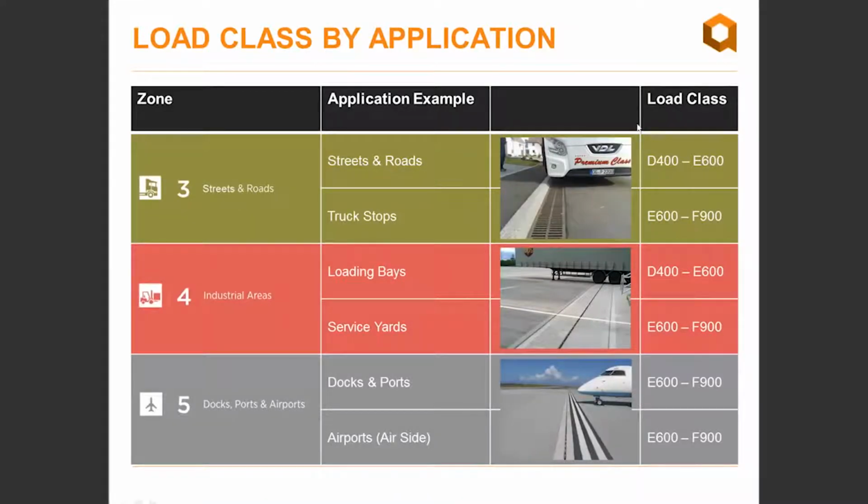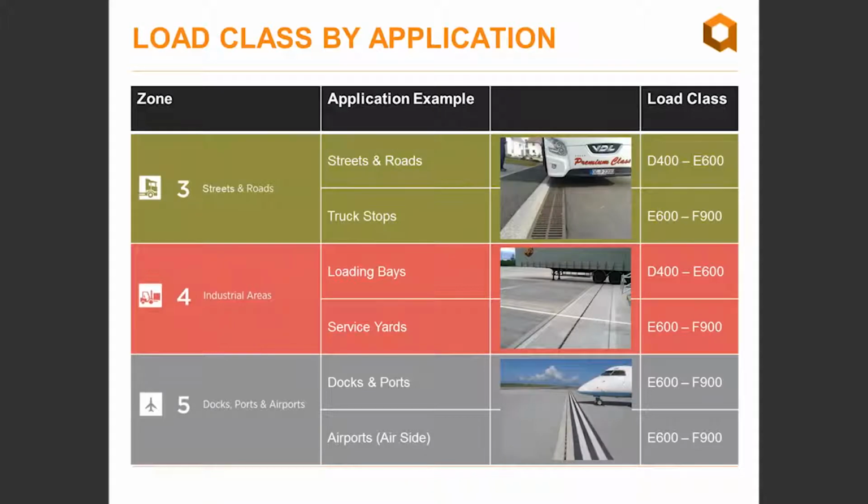A truck stop is totally different from the roads because the traffic is not cars anymore. It's going to be larger vehicles, trucks, and so E600 would be the minimum. And depending on where it's located, let's say it's located at the entrance, then you might have some braking and turning wheels again, so F900 will be more appropriate in that case.